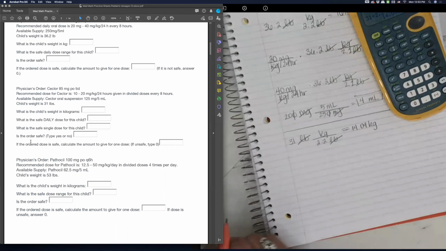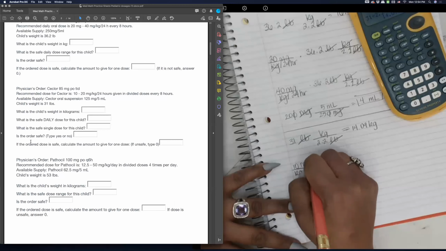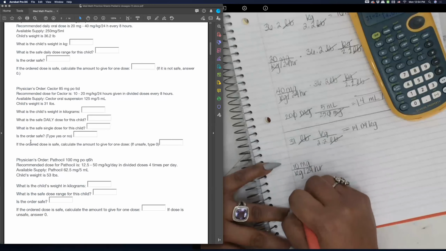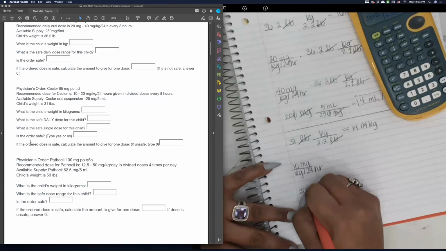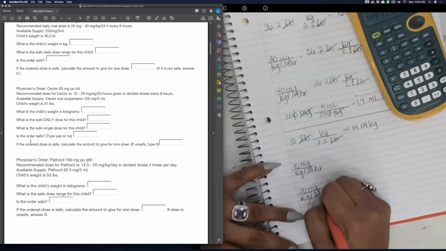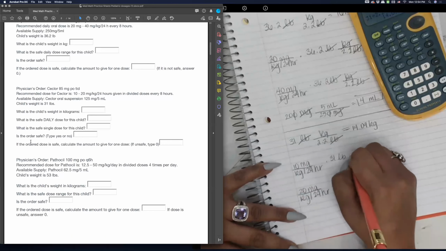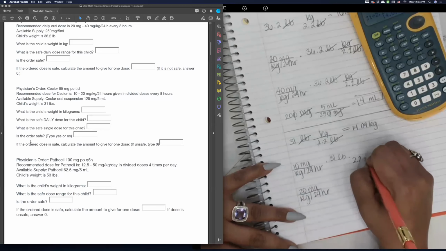Our recommended dose is 10 milligrams per kilogram per 24-hour period to 20 milligrams per kilogram per 24 hours. Again, 31 pounds divided by 2.2 pounds per kilogram.